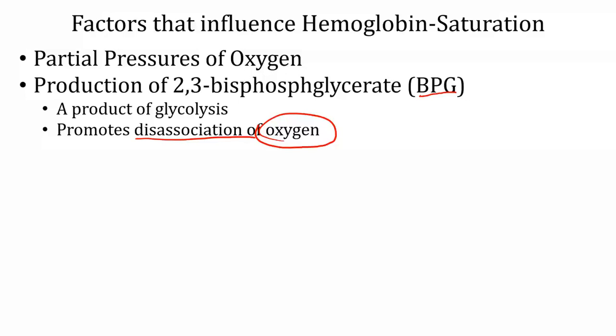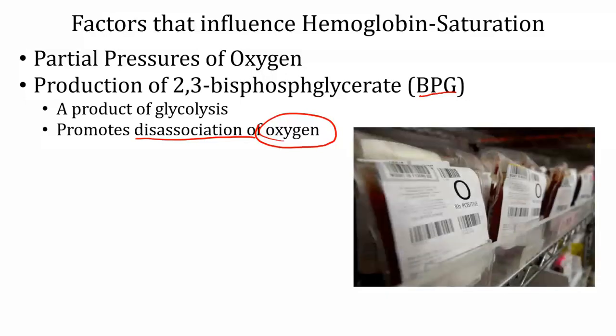Now, here's the problem. When you give blood and you put your blood in a blood bank, the cells have a sort of limited shelf life because there's only so much glycolysis that can be made, and once the glycolysis has finished up, then BPG starts to go away, and as BPG starts to deplete, it can be the case that when there's not enough BPG around, the oxygen is actually going to want to stay on the hemoglobin.